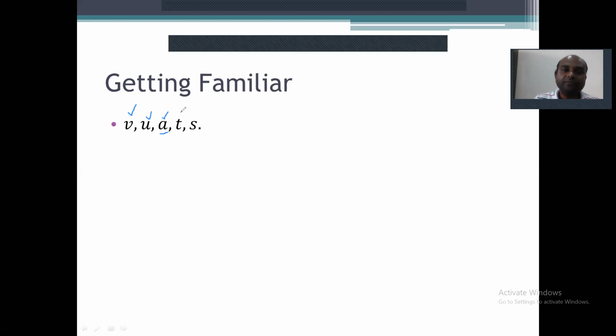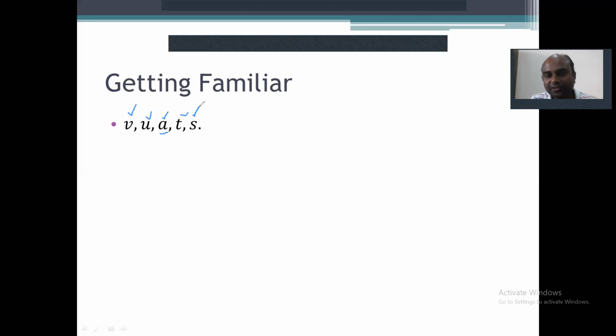And then we have t. T is the duration, the time period from the beginning of the study of our motion till the end of the study of motion, right? And then s is the distance covered or the displacement undergone by that object which we are studying.